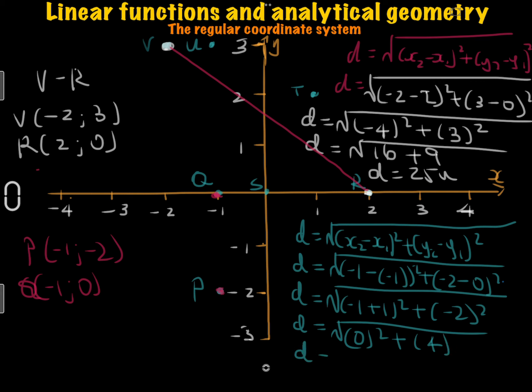So the distance is equal to the square root of 4, which is 2 units. In other words, the distance from P to Q is 2 units. This distance there looks like just a vertical line.